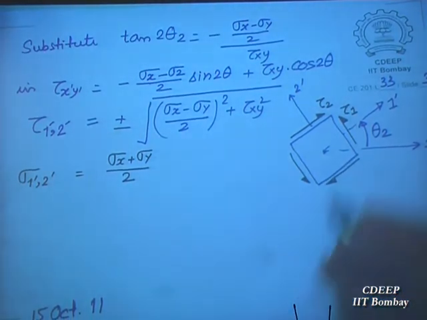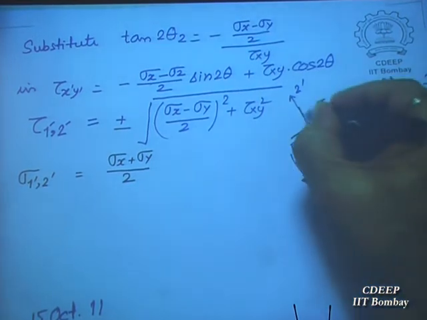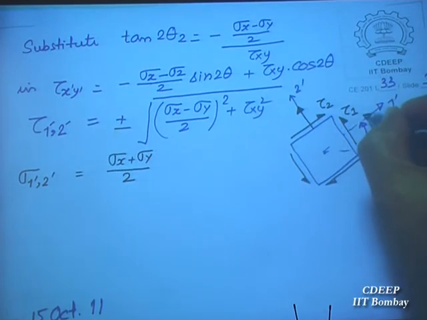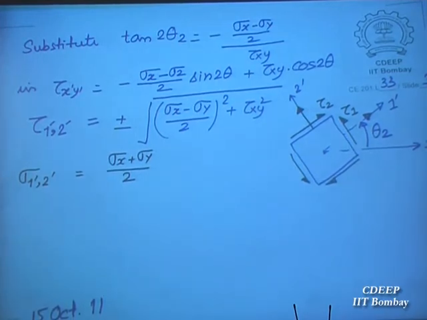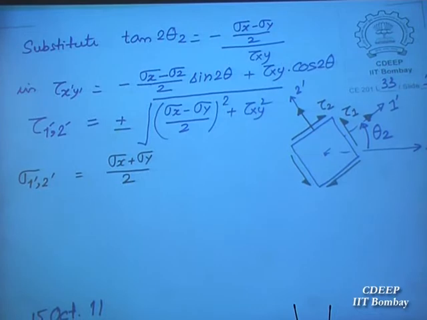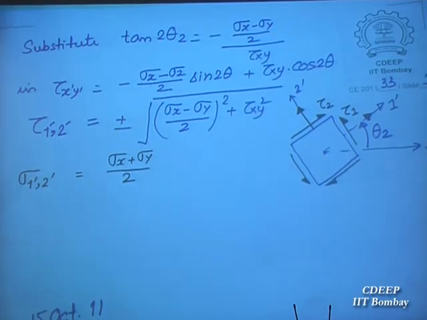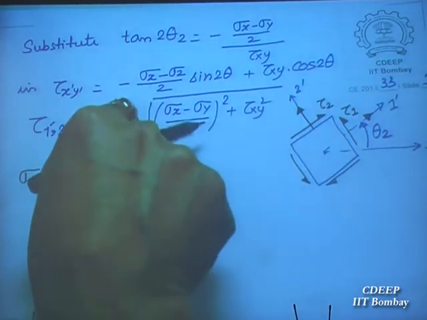So that means on this plane you will always have a normal stress acting. And what is sigma x plus sigma y? Sigma x plus sigma y is the invariant stress, the first invariant of stresses. All normal stresses acting on orthogonal planes must add to the same value. So this one is constant with respect to any direction.